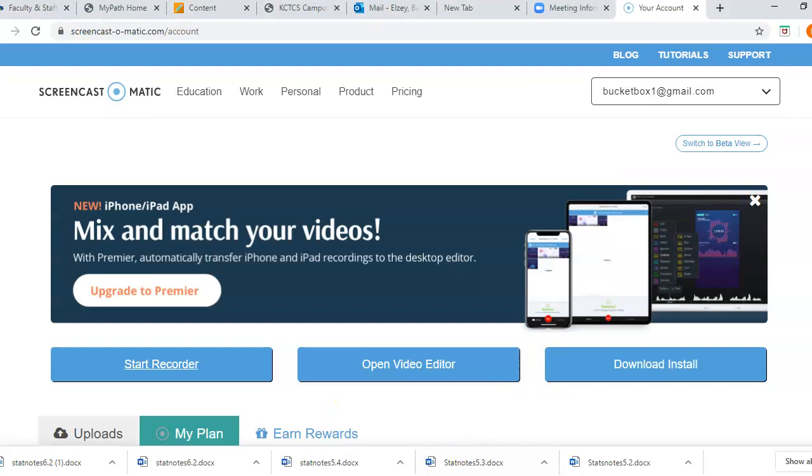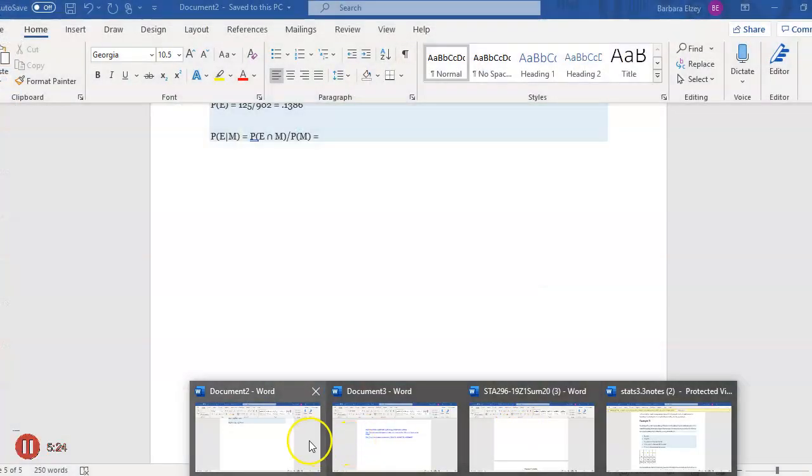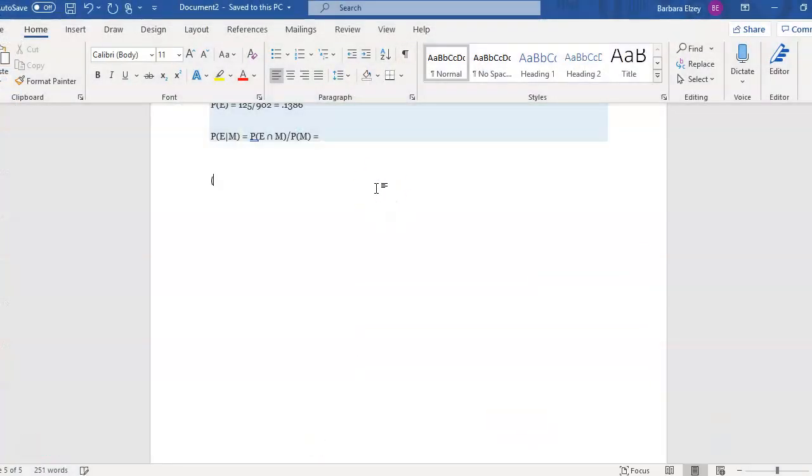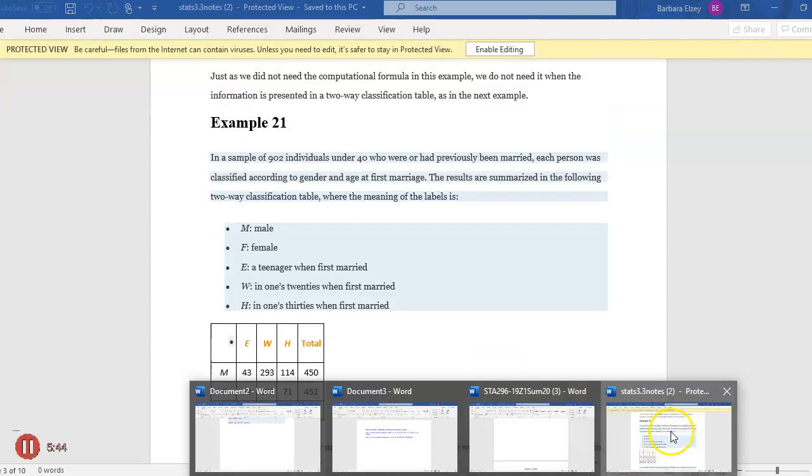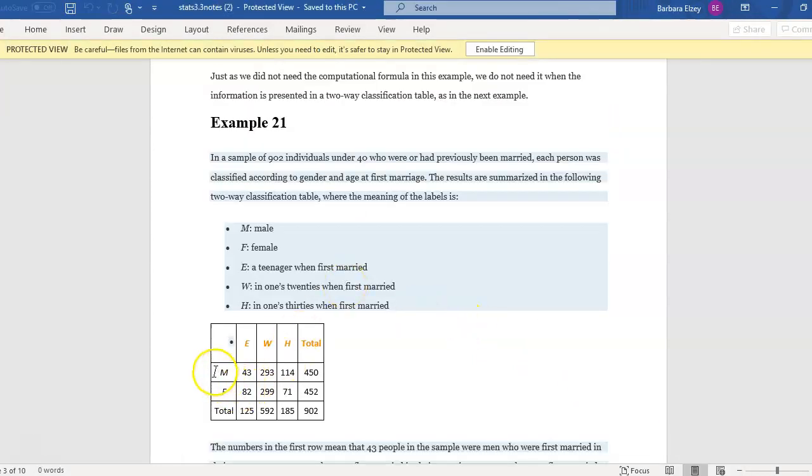So the top of the fraction is 43 over 902. And for the bottom of the fraction, we need the probability that someone is male. So again, let's go back to our table. The males are this row right here. All of these people in this row are male. So there are 450 males out of our 902.